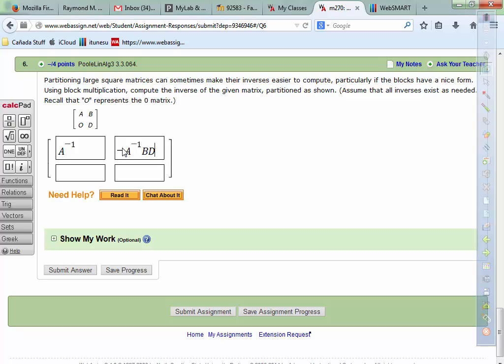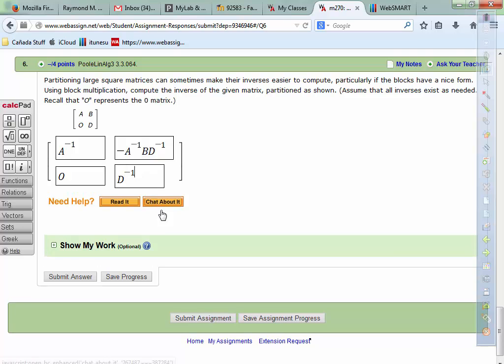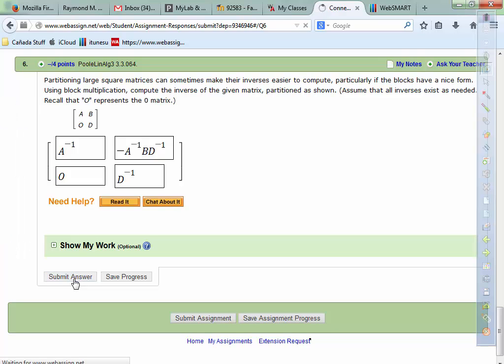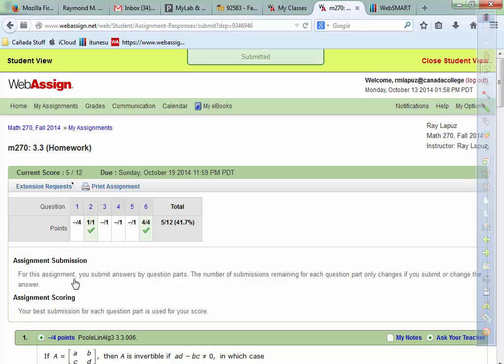Just don't type in the 0 for 1, 2. So capital O, right? And then D. I think that's what I had. Let's try. Better be right because we're out of time. Yeah, it works.